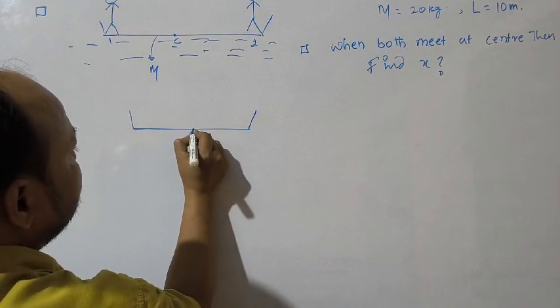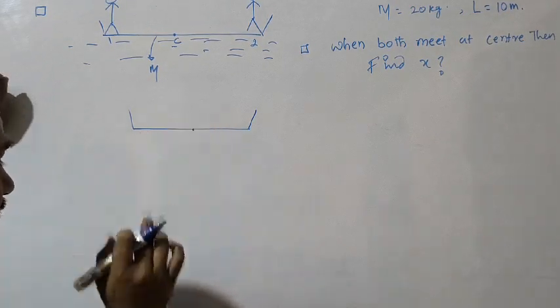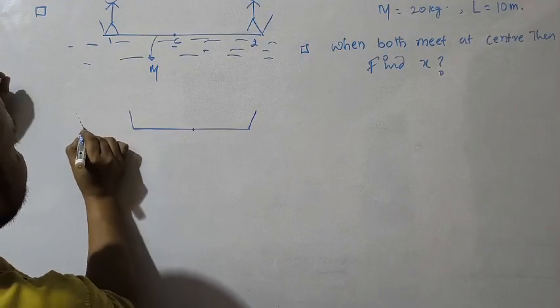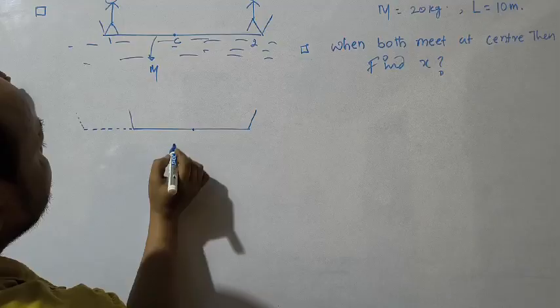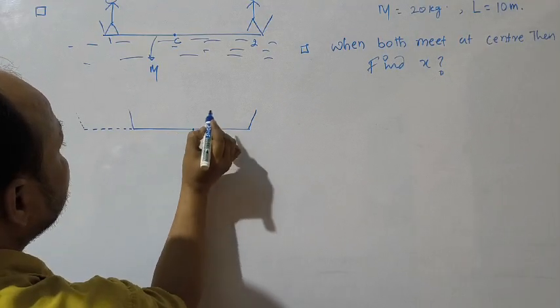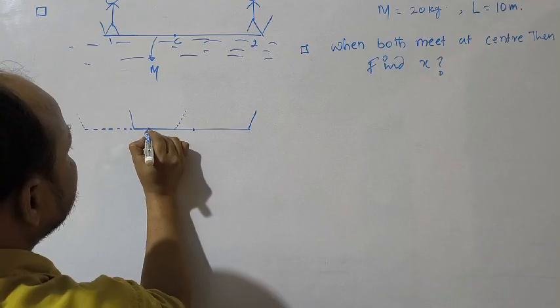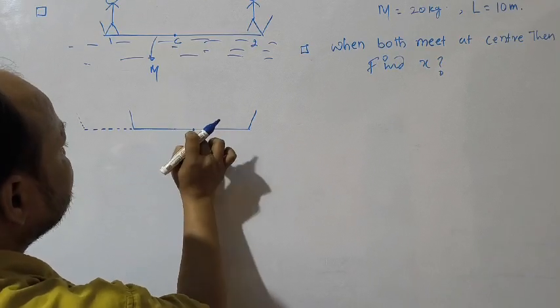So now this is the initial center. If the boat has shifted by x, let's say the boat has shifted by x and the center has shifted to this.